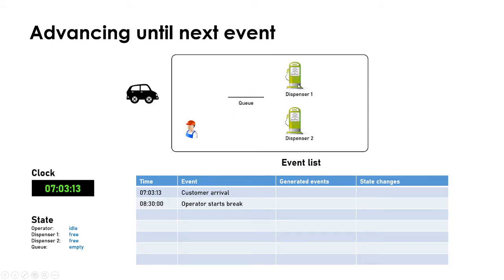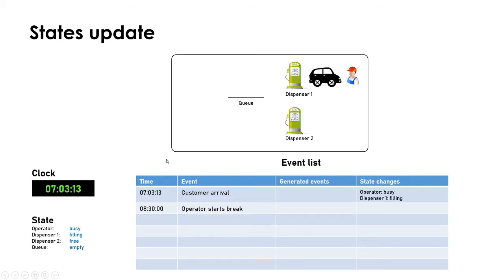And what we would have to do is to change the state. We would have the operator busy, and we would have the dispenser one first busy and then filling, because we are serving this customer. And we would change the state here to get a good picture of how things are at this moment.